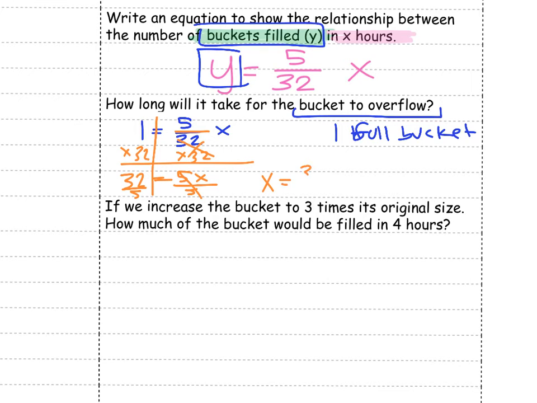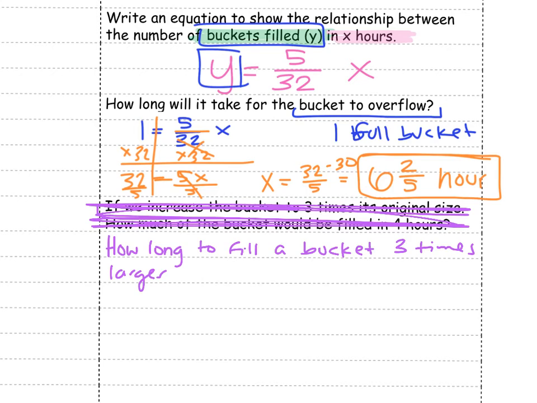I get x equals 32 divided by 5. It's easier to see hours in mixed numbers. So 5 goes into 32 6 whole times because that's 30. And then I have 2 parts left over. So it will take 6 hours and 2/5 of an hour to overflow.